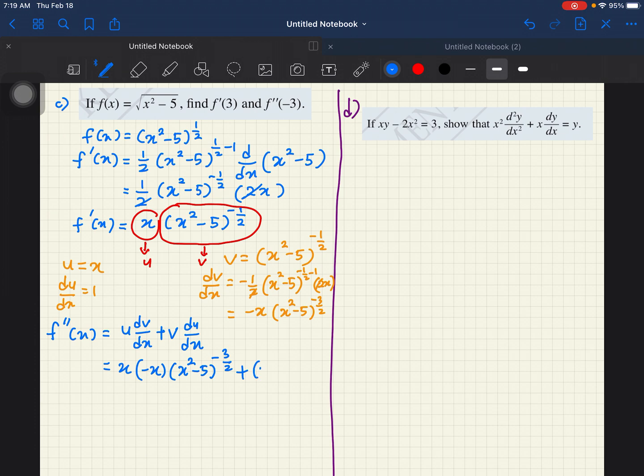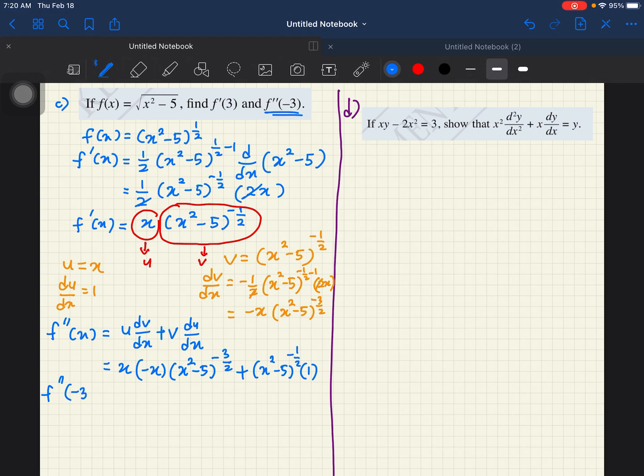V is x square minus 5 negative 1 over 2 and du dx is 1. Okay. Now, sehingga di sini kita dah tahu our u, what is our x, and what is our v, and then what is our du dx.